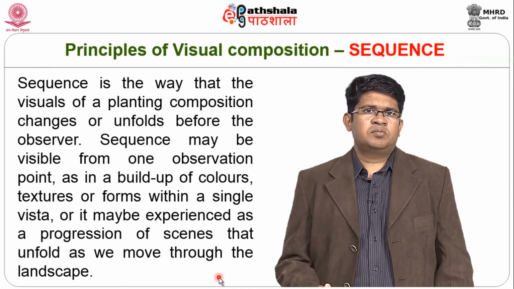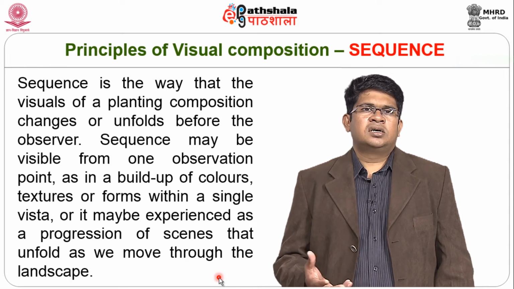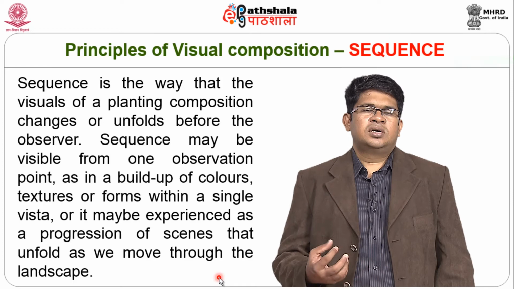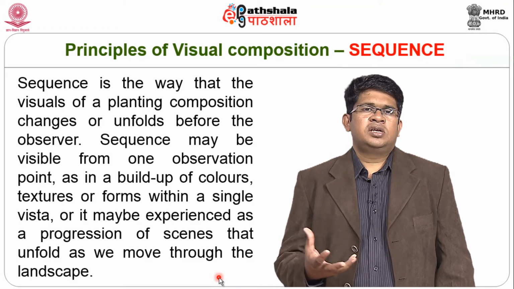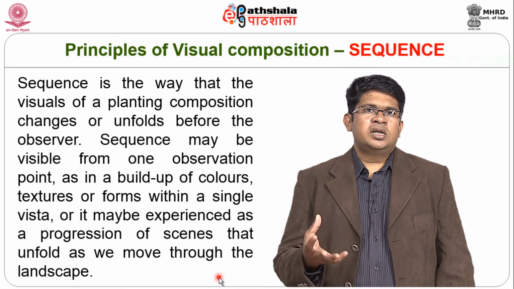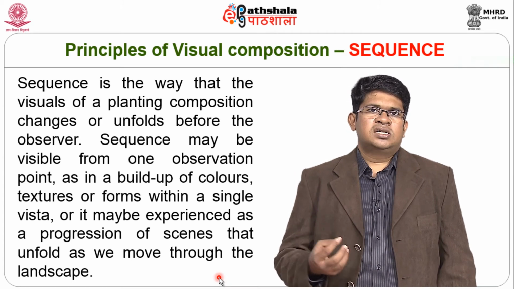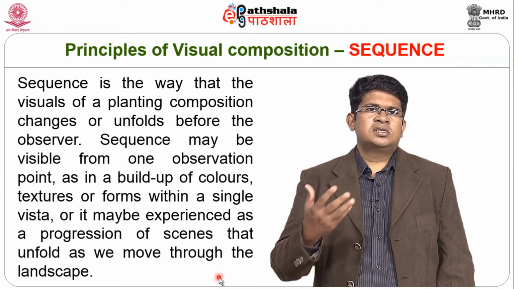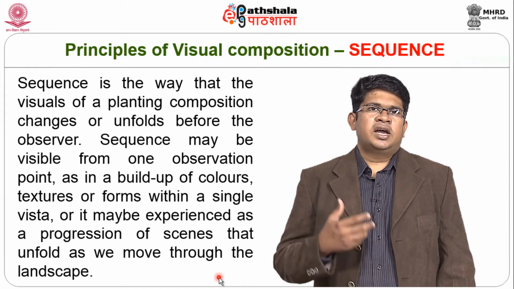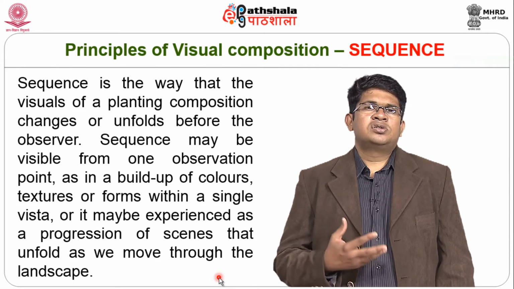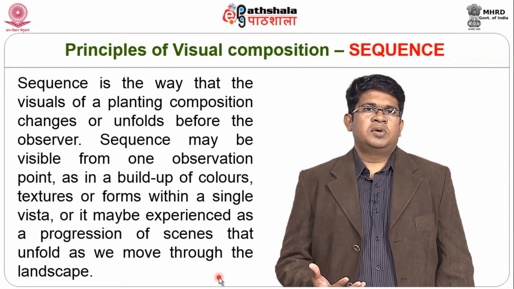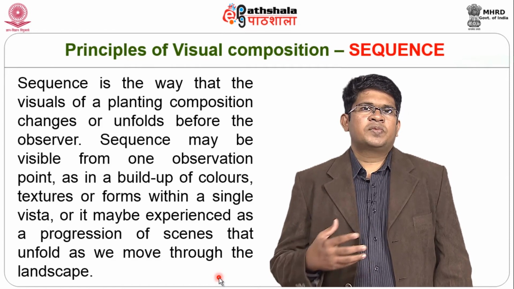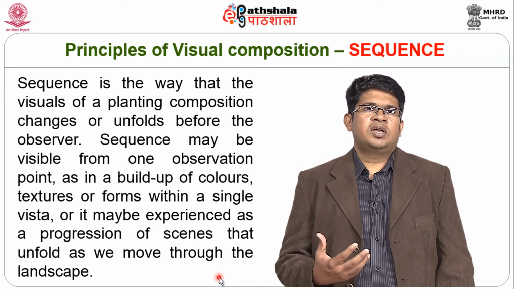As one stands at a point and looks at a particular scene, how does he see? First he starts to see the green, the color of the leaves, and suddenly he starts to appreciate the flowers and the overall form, and also the context in which that plant is placed, and the overall surrounding. Everyone does not observe everything at the same point.